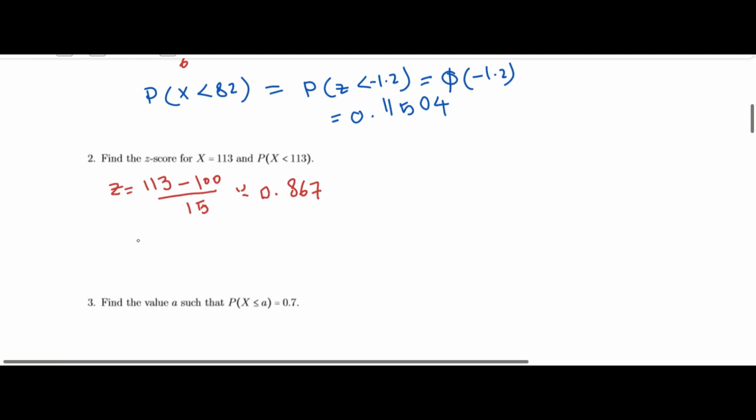The next part says to find the probability of x being less than 113, which is the probability of z being less than 0.867. We only have negative z-scores in the table, so I'm going to compute 1 minus phi of negative 0.867.